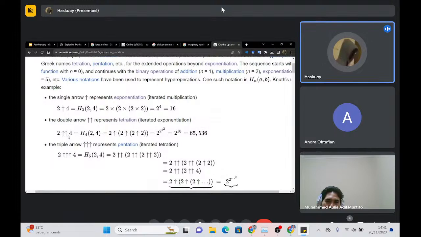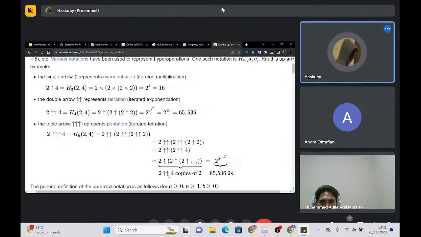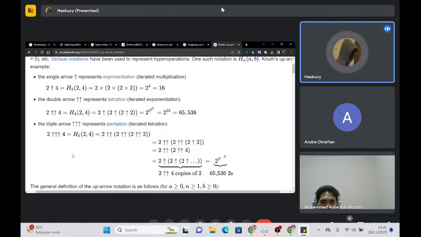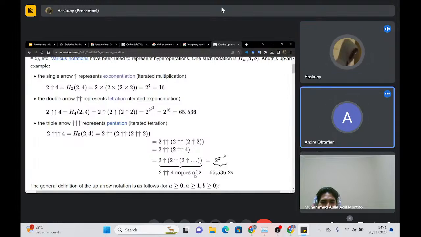To tetrate 2 by 4 is 2 to the power of 2 to the power of 2, 4 times. Pentation is basically, how should I explain, this is going to be hard to explain, but just this simple one is of 2 basically.